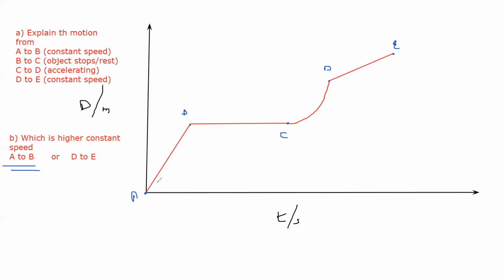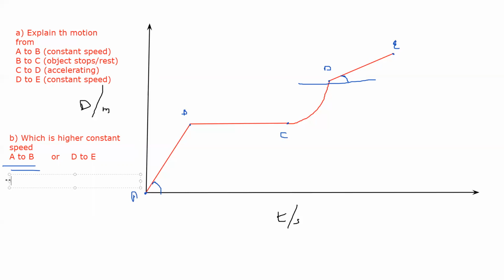Why is A to B higher? Because the angle it's making with the horizontal line or x-axis is much higher as compared to the line D to E. It's making a smaller angle. So simply by using the angle or gradient, you can explain this answer.